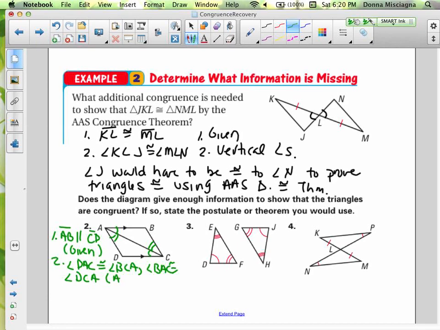That would be alternate interior angles formed by parallel lines. One other thing we know has to be congruent is AC to CA, and that's the reflexive property.